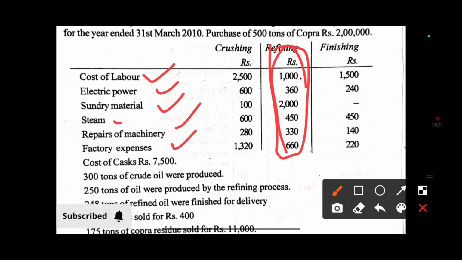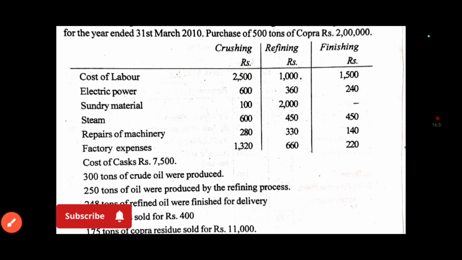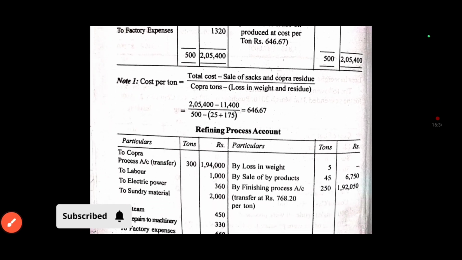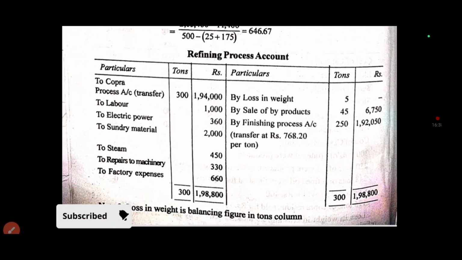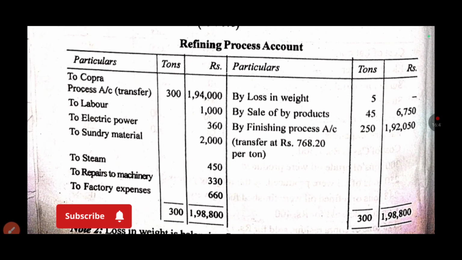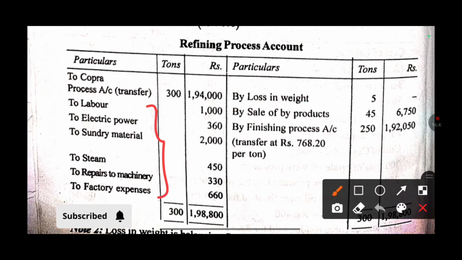All these input costs are to be entered on the refining process account on the debtor side. Accordingly, we enter all the input items and values on the debtor side of the refining process account. Then we need to find out the total of the refining process account.